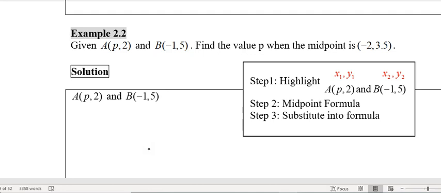Then the question already says the midpoint given is this. So what will be your answer? You just replace back.